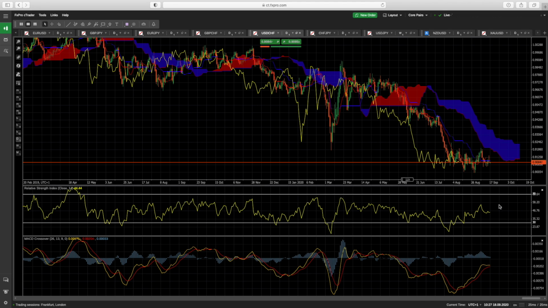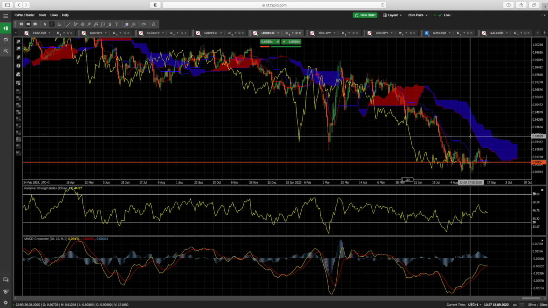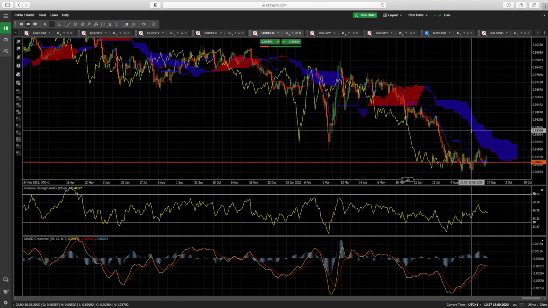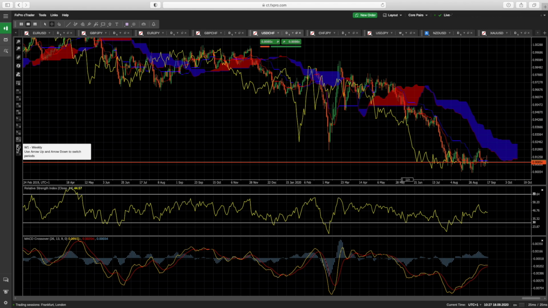On the RSI, we kind of consolidated as well, but we do know that heading towards November the 3rd, we will need to keep an eye on this, because I will be expecting the pullback up to maybe between now and then, a pullback up to maybe 0.92, 0.93, and then we will be looking for a short position.